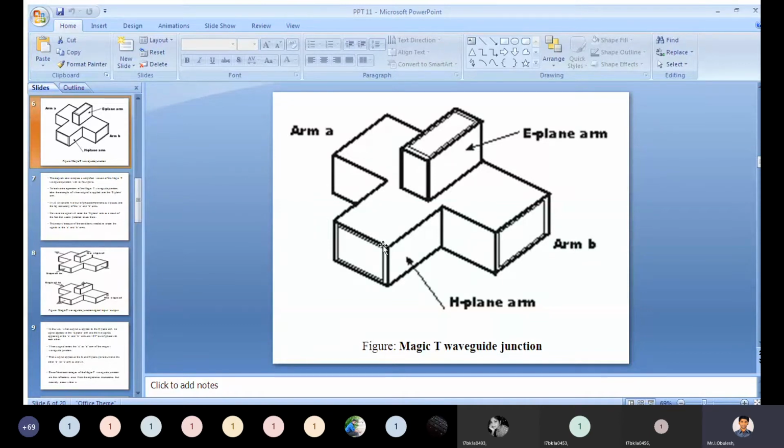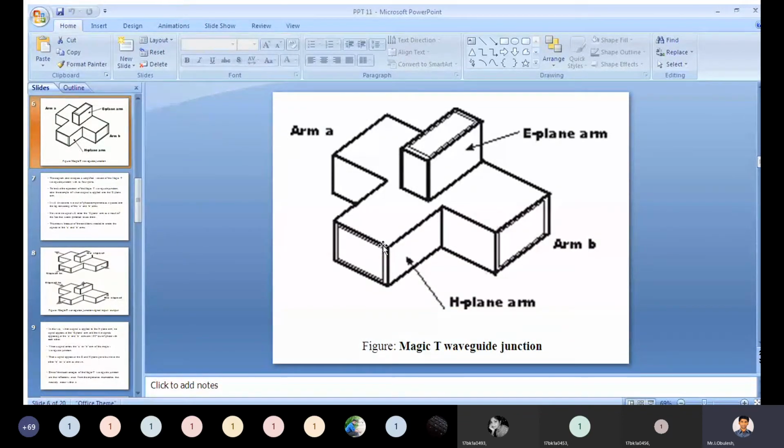If the reflections are rising, one condition is impedance mismatches within the waveguide. The one more thing is, whenever you are using high power transmitters, at that time also you are getting the reflections within the waveguide.